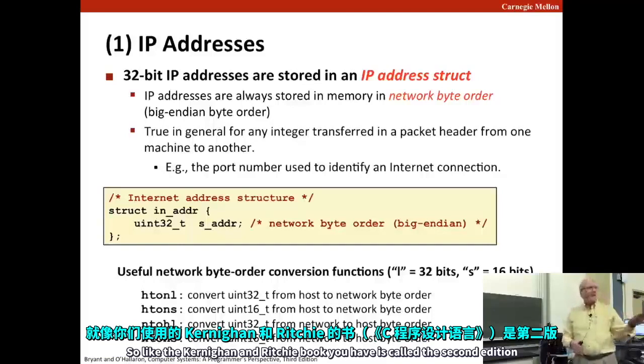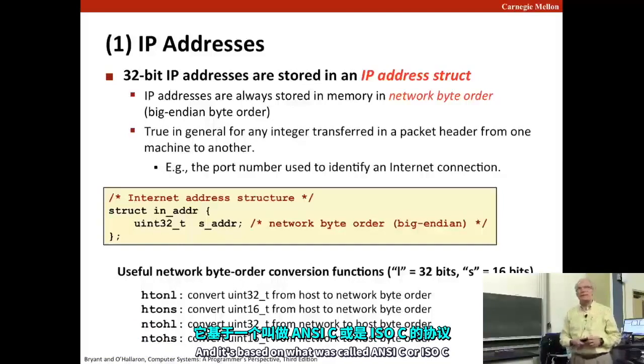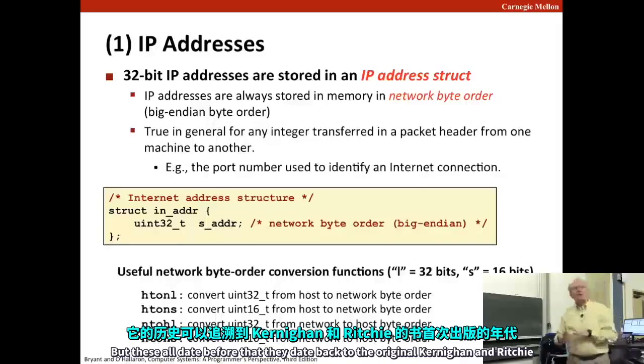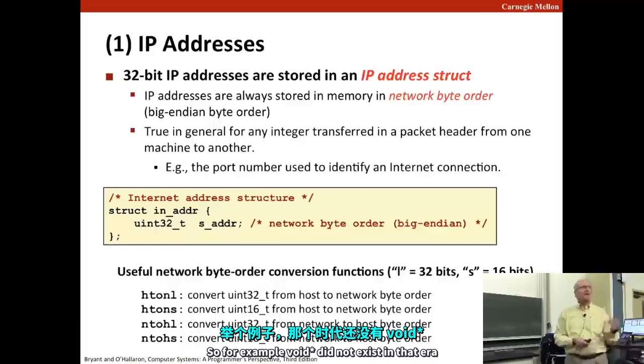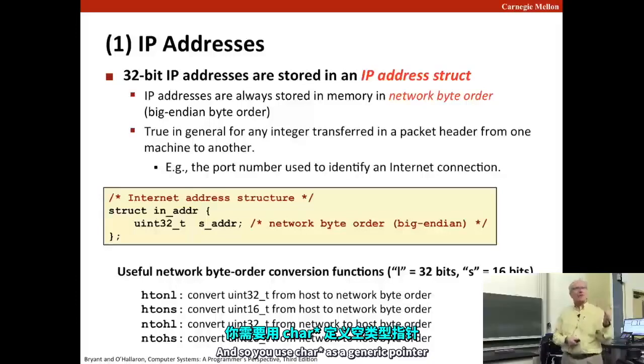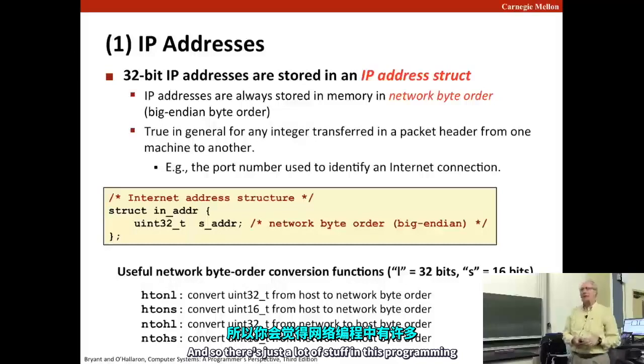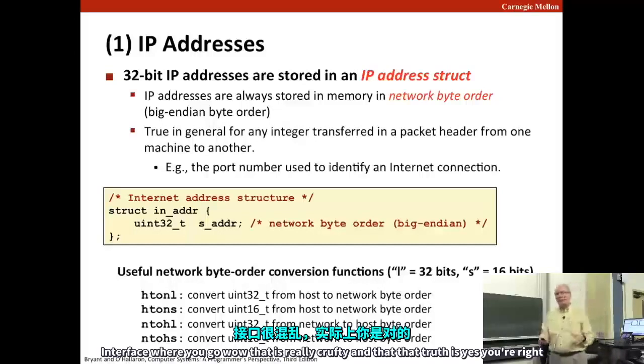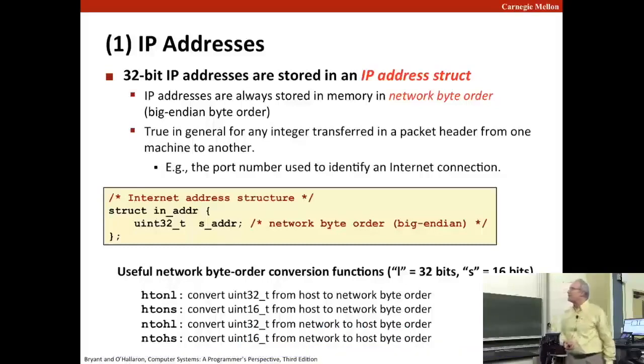The Kernighan and Ritchie book you have is called the second edition, and it's based on what was called ANSI C or ISO C, but these all date before that, back to the original Kernighan and Ritchie. For example, void star did not exist in that era, so you use char star as a generic pointer. There's just a lot of stuff in this programming interface where you go, wow, that is really crufty. And the truth is, yes, you're right.